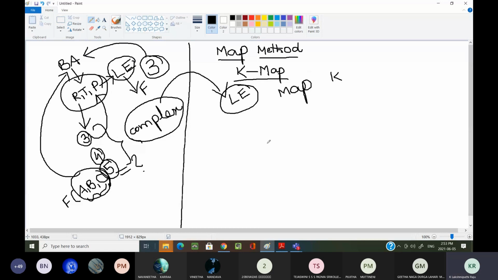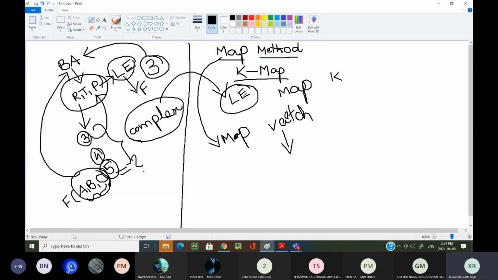Now, this map method was initially proposed by a mathematician named Veitch.